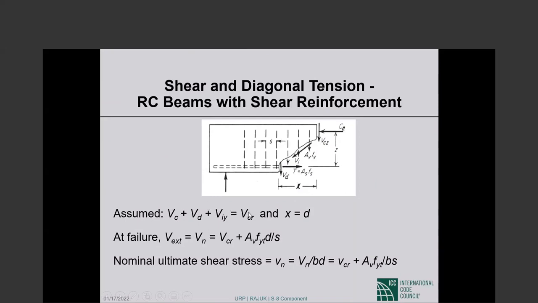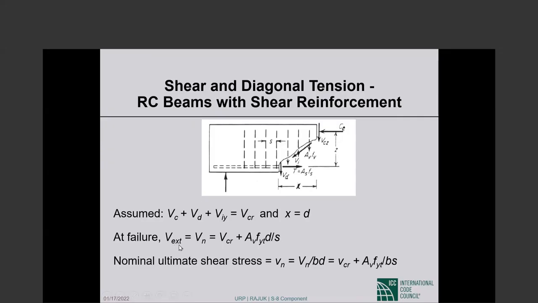We are calling that the cracking shear strength of the concrete, V sub CR. Okay. The shear that is resisted by the compression concrete that is intact, shear that is resisted by dowel action, and the shear that is resisted by aggregate interlock. All together, we are calling that the cracking shear, V sub CR. And we are assuming that this X, the horizontal extent of the crack, is equal to the effective depth.